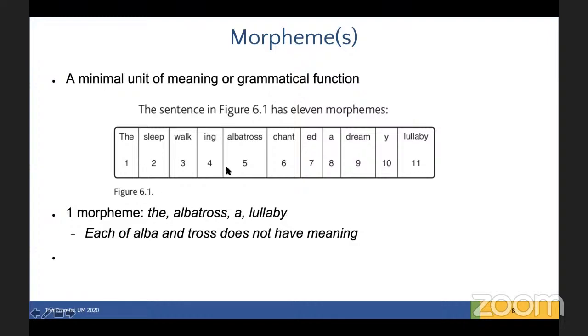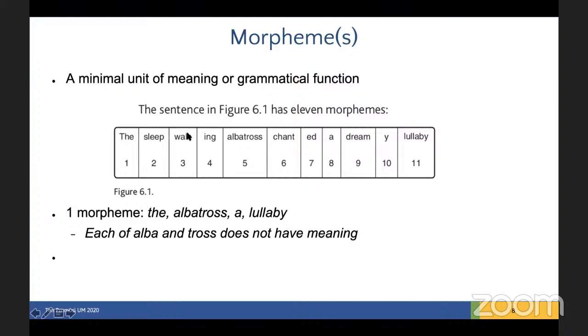So take walking. Walking is one word, but you can separate it into smaller units. And that smallest unit is called morpheme. So we have walk, one morpheme, and ing is another morpheme.